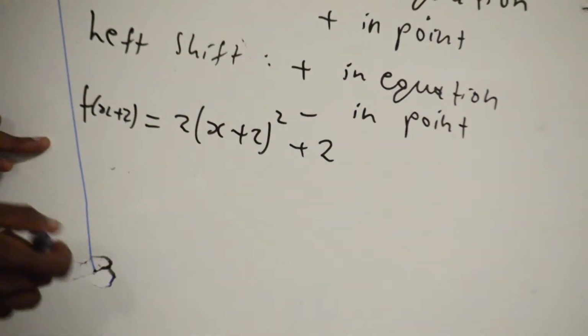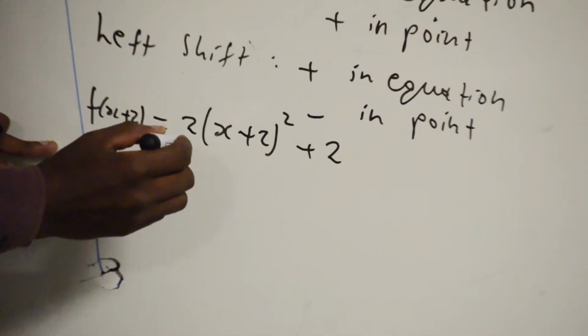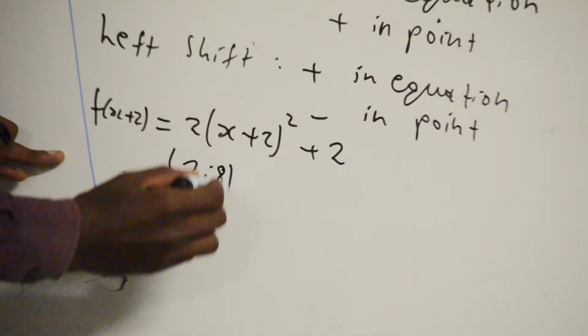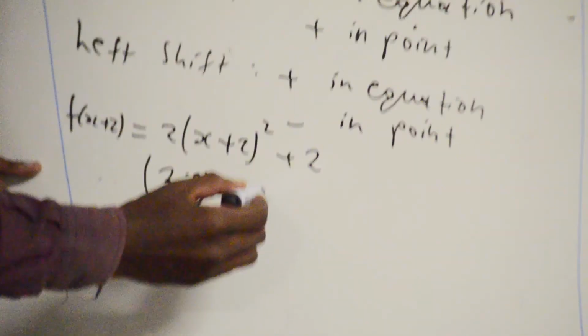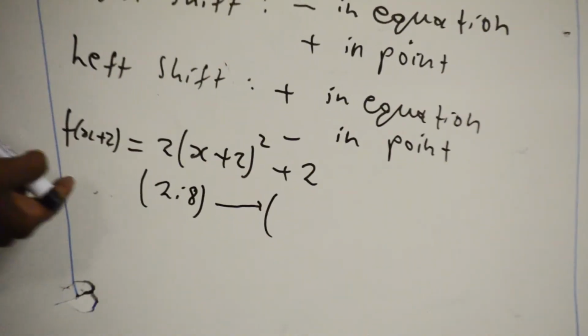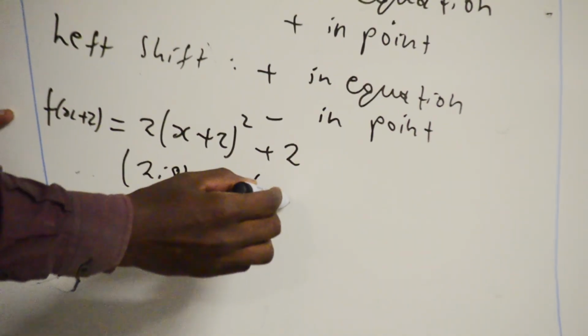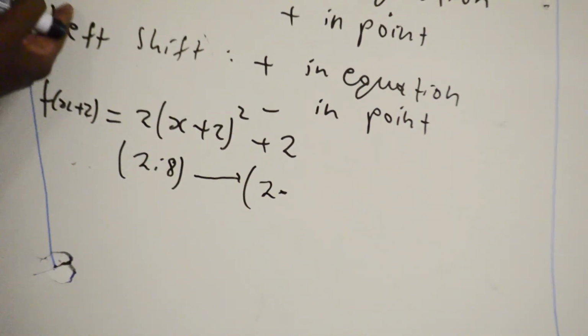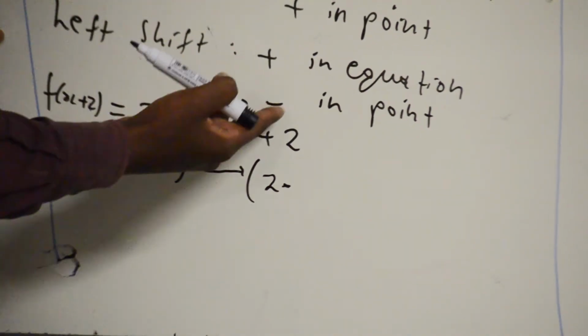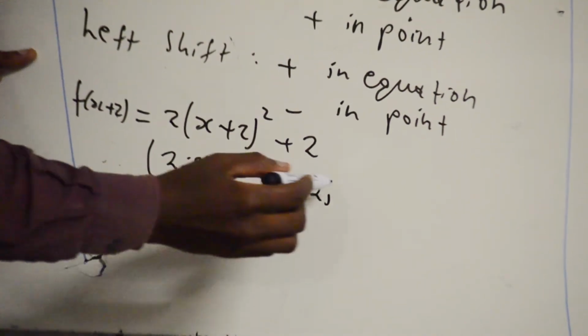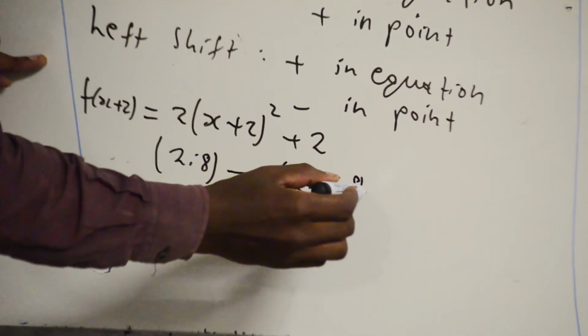But what about the point? My point is 2 is to 8. If we shift the point 2 units to the left, I get 2 minus 2, because the left shift on the point is negative. So 2 minus 2, and y was 8 plus 2.